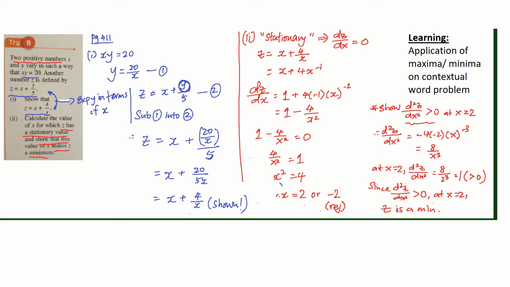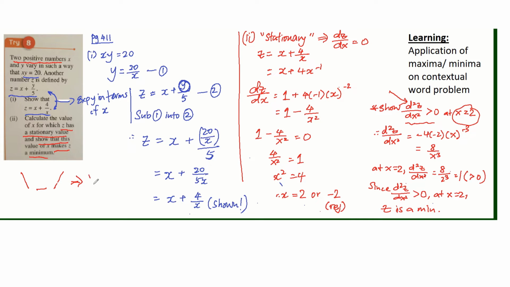Before I continue, in case some of you were wondering, can I use the first derivative test approach to show? Of course you can. Instead of finding d2z/dx squared, you can construct your table and make use of the x value, x equals 2, and then use 2 minus and 2 plus to determine the shape of your tangent line, and it should reveal that you have these shapes over here.